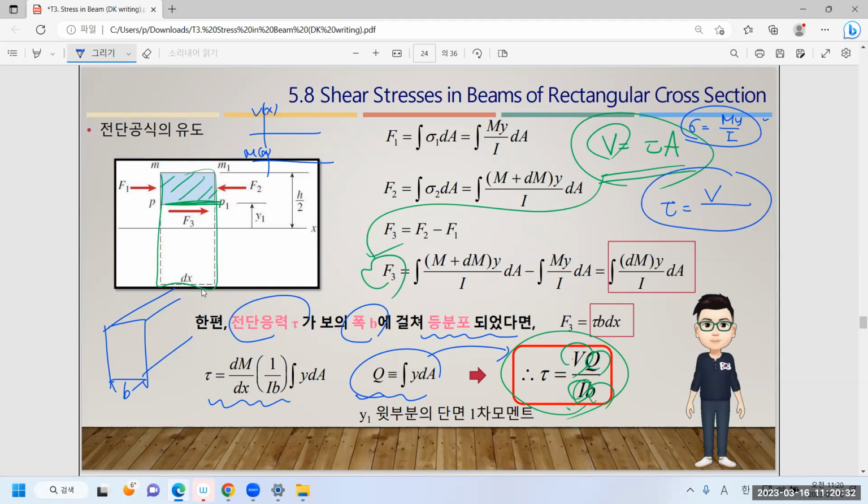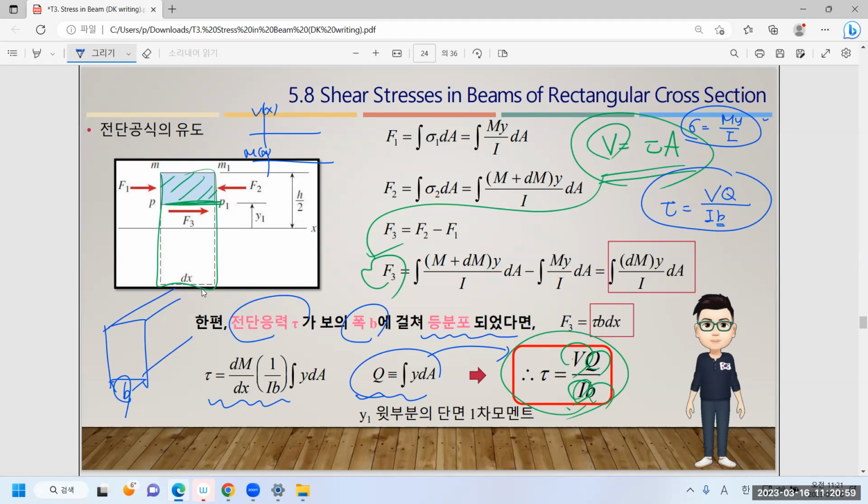So the shear force is applied, and then the Q is actually the first moment. Or you can remember, the first moment, that was area times the distance from the neutral axis, isn't it? So the other thing is I, the moment of inertia, and then b, don't forget b is here.